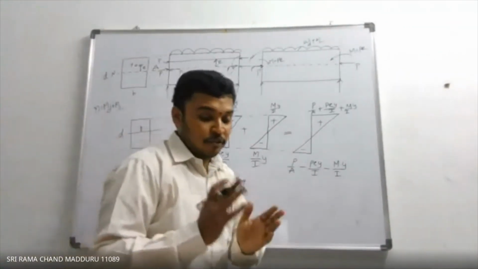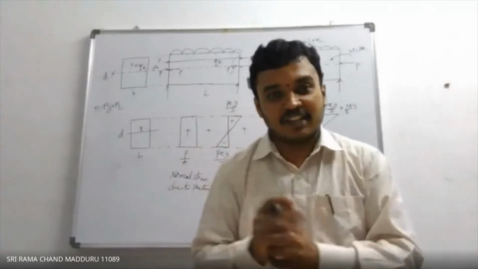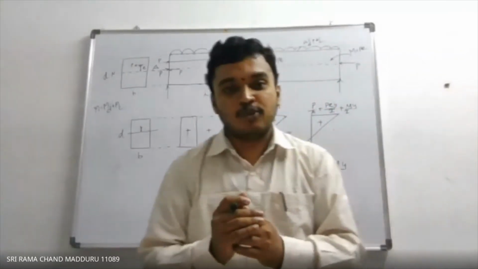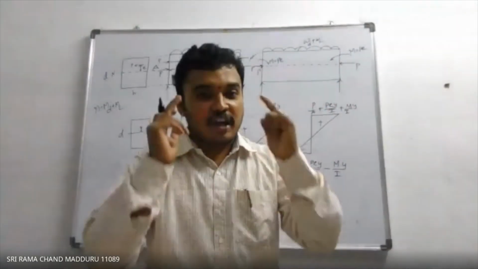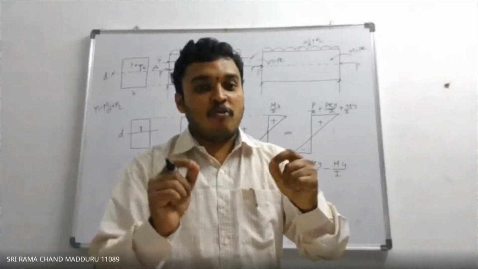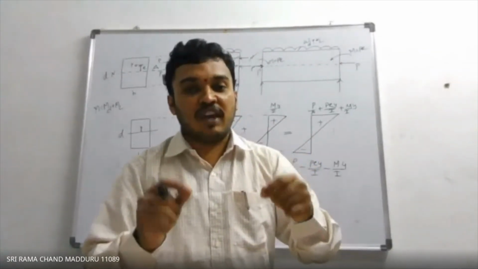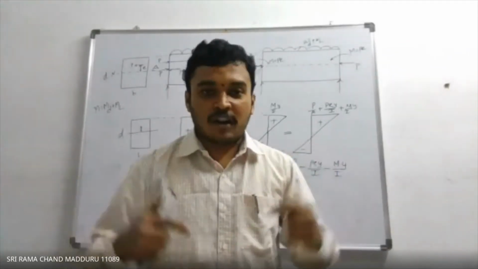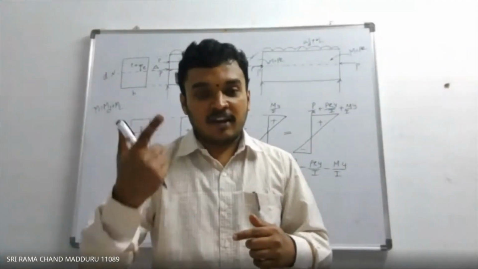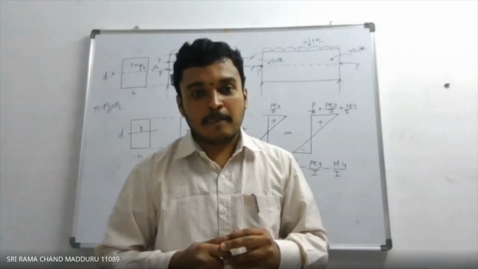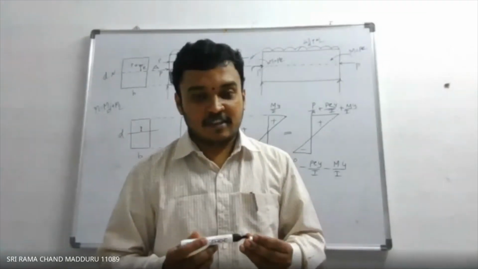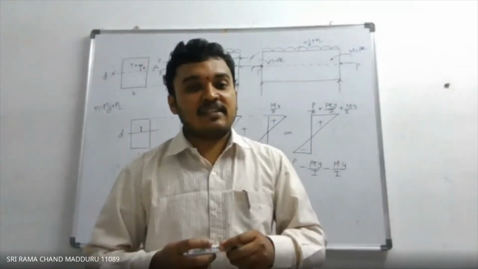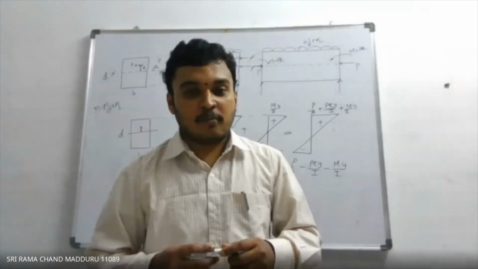If you understand these three conditions, case 1, case 2, case 3, you should have an idea where to do pre-stressing: along the neutral axis, above the neutral axis, or below the neutral axis. The resultant stresses are to be understood properly.